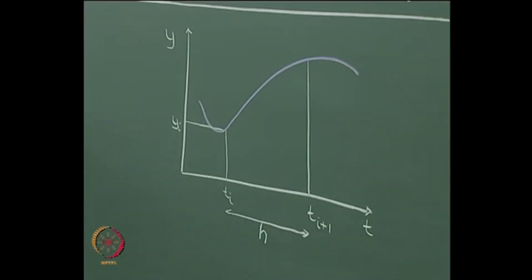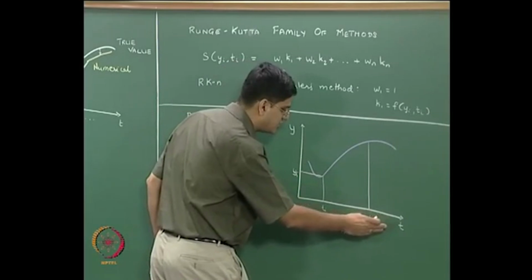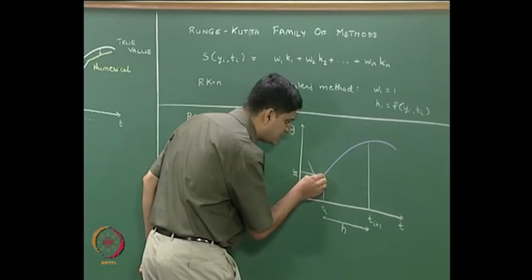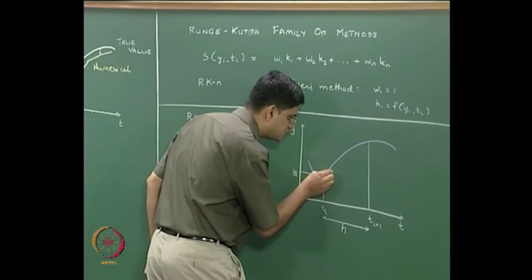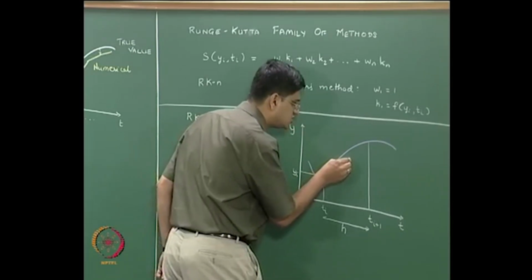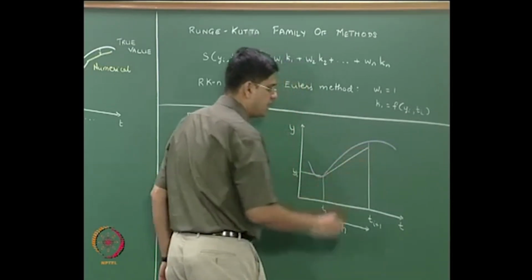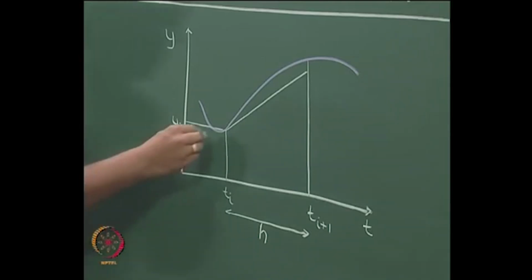Okay. So, now what we did with respect to Euler's method was we found the function f at ti, yi, and that function was nothing but this particular slope. Let us just draw this particular line as the slope that has been computed at ti, yi.